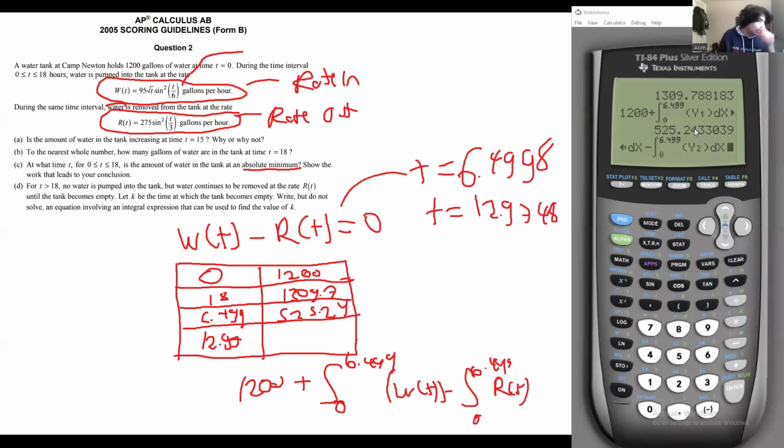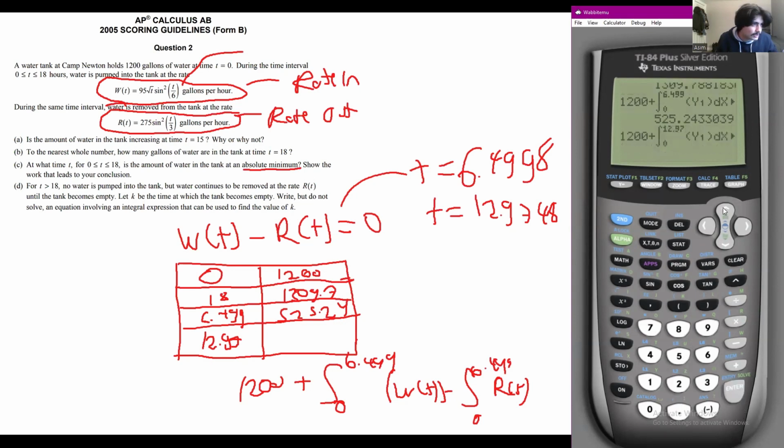Now we're doing the same exact procedure for 12.97. We basically change our endpoints for our integral to 12.97.